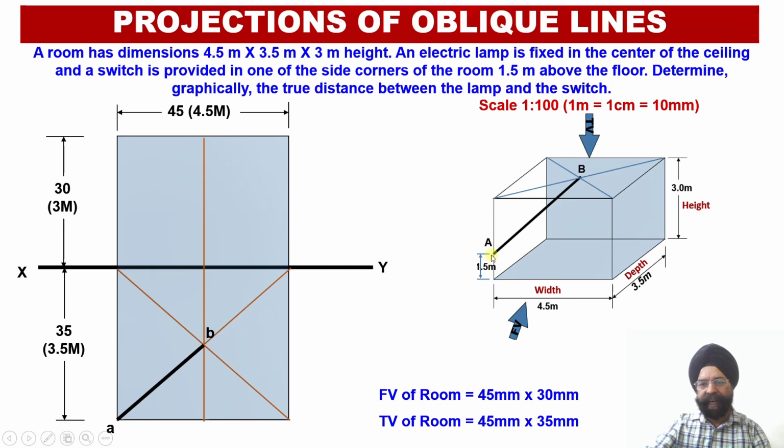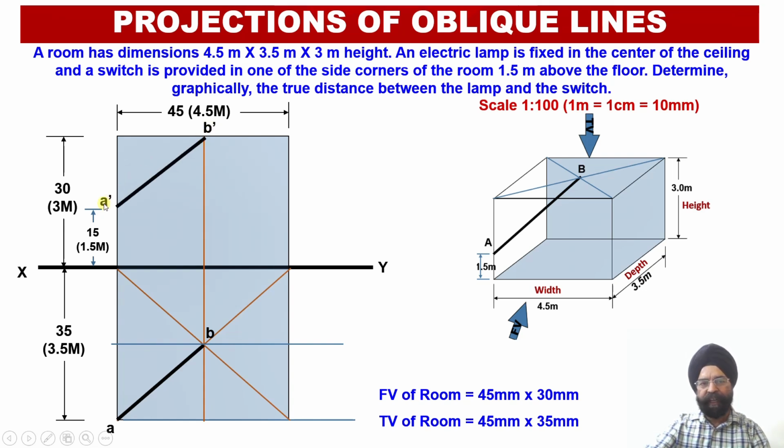Similarly, point A dash, as I am looking at this particular switch from the front, I will be able to obtain point A dash 1.5 meters or 15 millimeter above the XY line in the front view. So I need to draw this distance of 15 millimeter, corresponding to the distance of 1.5 meters above the ground or above the floor. Once I mark this distance as 15 millimeter, I will be obtaining point A dash over here. Point B dash will be located over here.